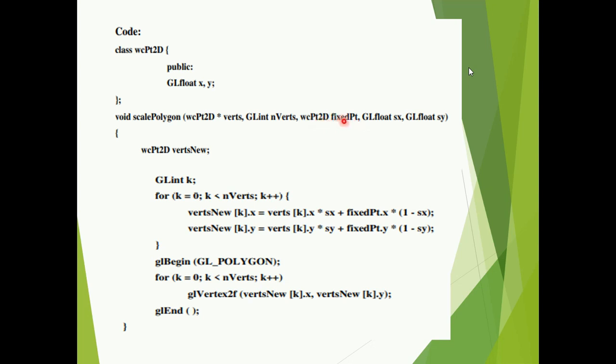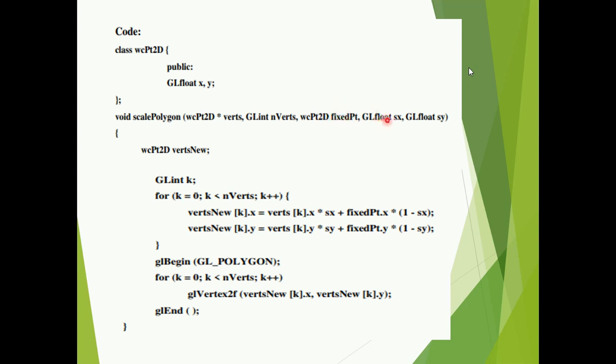Okay, so this is a fixed point, meaning the xf and yf point you are going to choose. Relative to this point you are going to scale the object. You keep a point on the screen, and relative to that particular point you are going to scale the object. That's why we have a fixed point there.